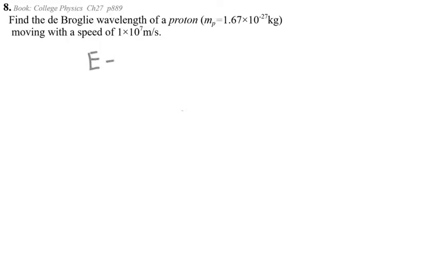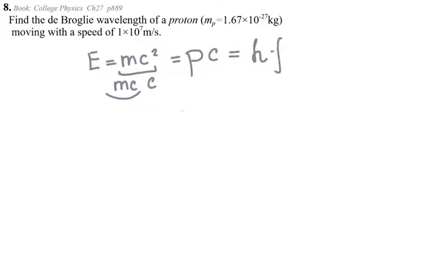The energy is equal to mc squared, and here they break it into mc and c. So mc is the momentum p times c, and energy is also equal to that of the photons, the Planck's constant and the frequency, which is the same as hc over lambda.